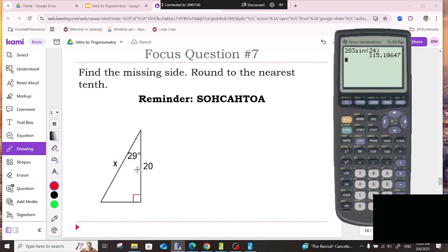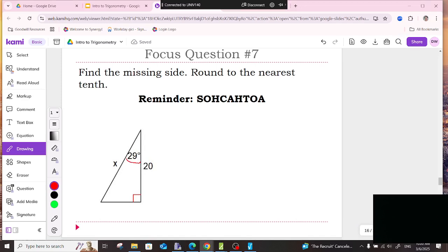So this is typical on a test or your worksheet, right? I'm going to put my finger on the 29 degrees. I'm going to label. So here's 29 degrees. This side is opposite.